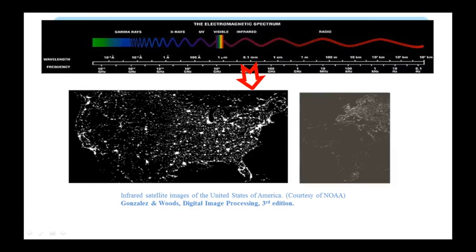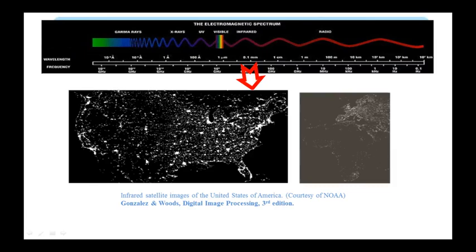The image was generated by the IR imaging system mounted on a National Oceanic and Atmospheric Administration, NOAA, satellite. The satellite operates in the band 10 to 13.4 micrometers and has the unique capability to observe faint sources of visible near IR emissions present on the Earth's surface, including cities, towns, villages, fires, and so on.